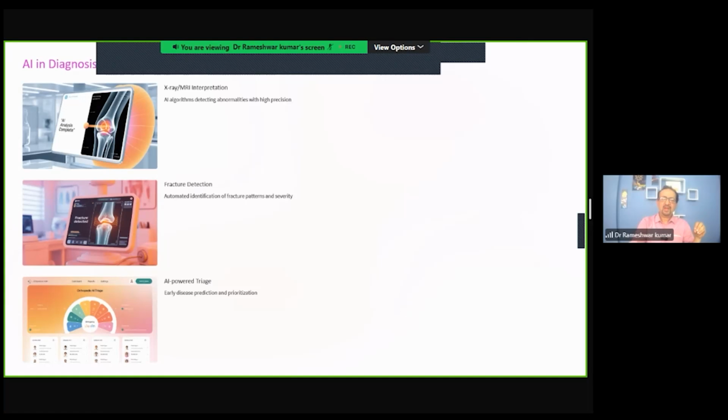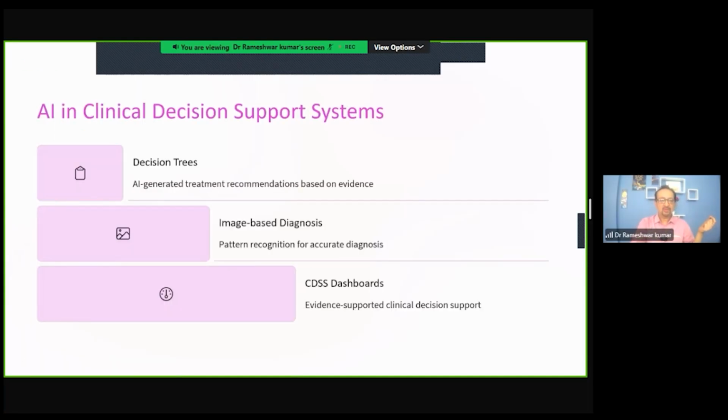Especially the use of AI in diagnosis, X-ray, MRI interpretation. A lot of models are there in fracture detection, and AI also helps in triage, early disease prediction and prioritization, so that resources can be used optimally.